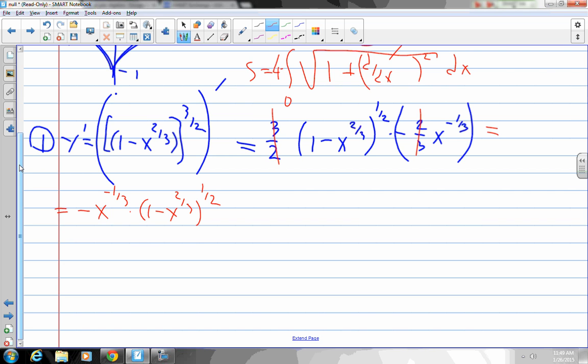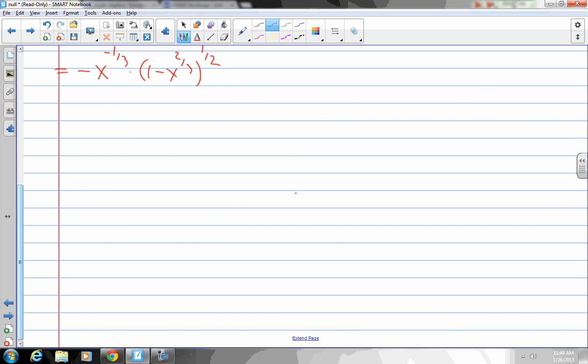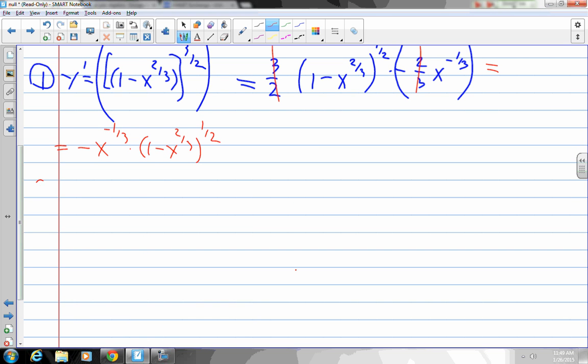So when we compute y prime squared, we get negative x to the negative 1/3 times 1 minus x to the 2/3 to the power 1/2, everything squared.